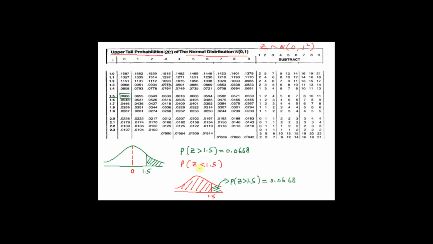So to find the probability of Z less than 1.5, you can use the total probability, which is 1, minus the probability of Z more than 1.5. This equals 1 minus 0.0668, which is equal to 0.9332. Next, I'm going to show you how to find the probability of different kinds of region using the table given.